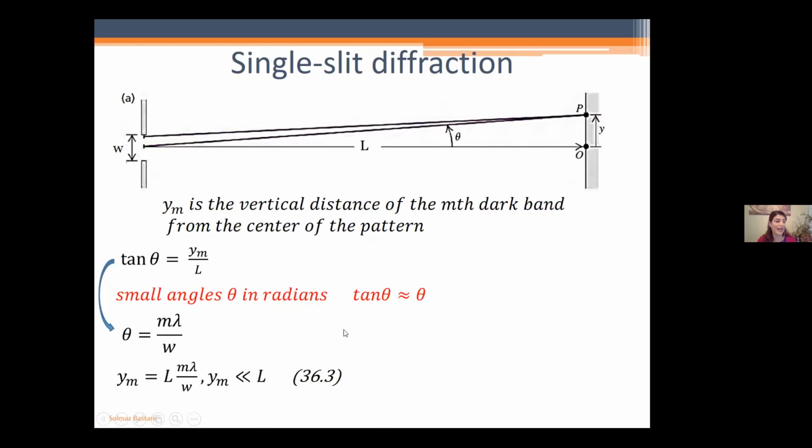Okay, the last remaining equation that we want to derive here, just take a look at this picture. If I call Y the vertical distance of the mth dark band, and this point P here is the dark fringe from the center of the pattern, and L is the distance between the slit and the screen, and theta is of course this angle, then I can use simple geometry and write tangent theta equals the opposite divided by the adjacent.